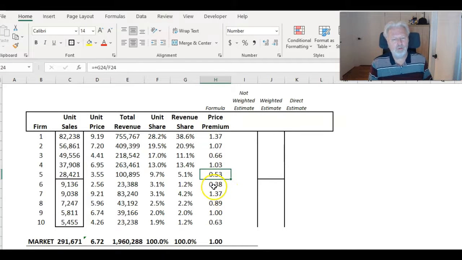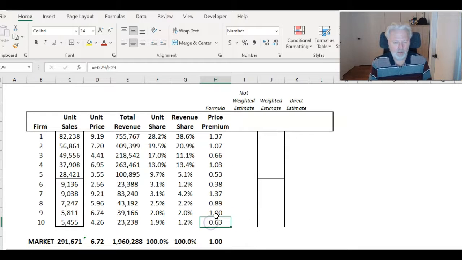So this is not a great position to be in. And this one here is even worse at 38%. At $2.56, you're competing in a marketplace where some companies can get $7 and $9 and plenty around sixes. It's not a good position to be in when you're selling at those levels. So a low price premium is not good. Okay, so that's the easiest way to do it.